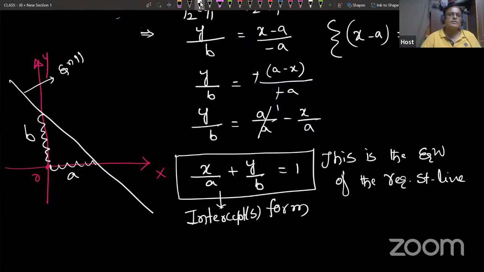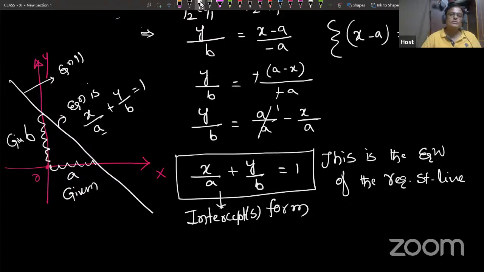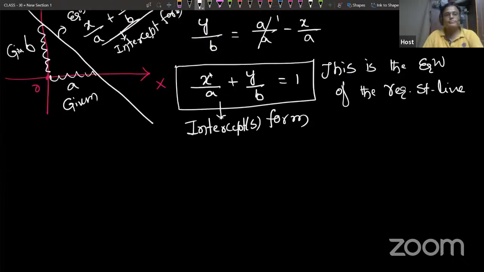That time the equation of this line is x by x-intercept plus y by y-intercept is equal to 1. So x by a plus y by b is equal to 1 is possible only when both intercepts are given. Therefore, this one is known as intercepts form. Let me give one small example, and we can easily understand this.